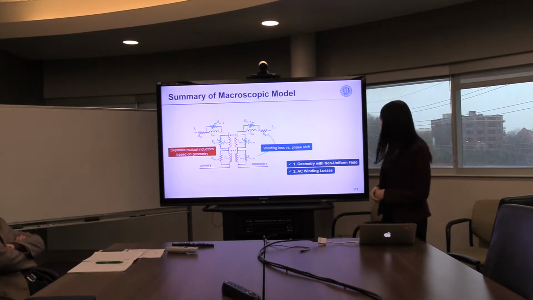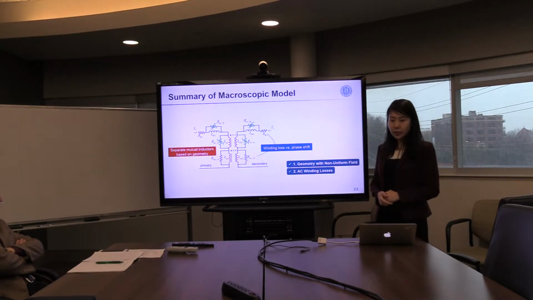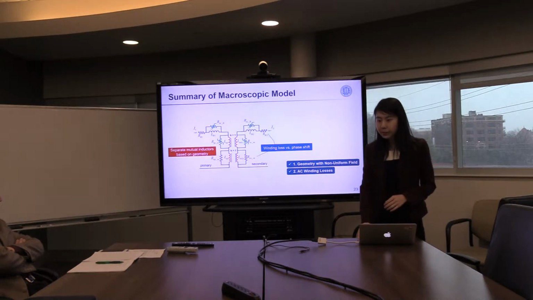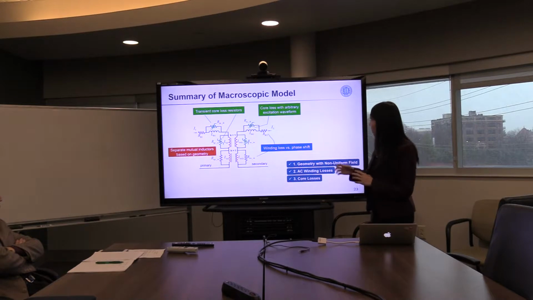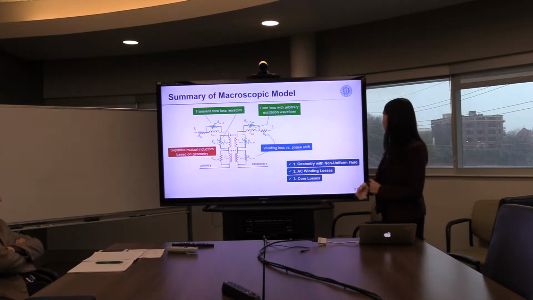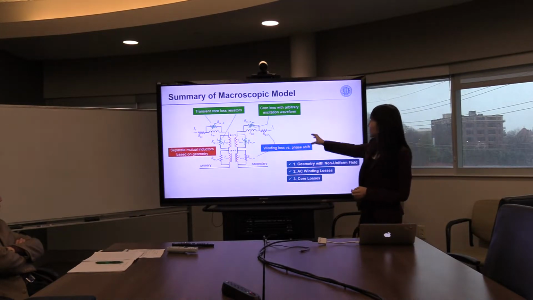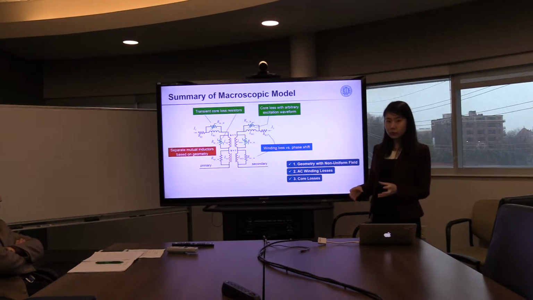And also we add winding loss resistors to include the phase shift impact to make it more complete. And we use these time domain variable resistors to feed back the core loss information into the main model. And this model is ready to be plugged into converter level simulations.